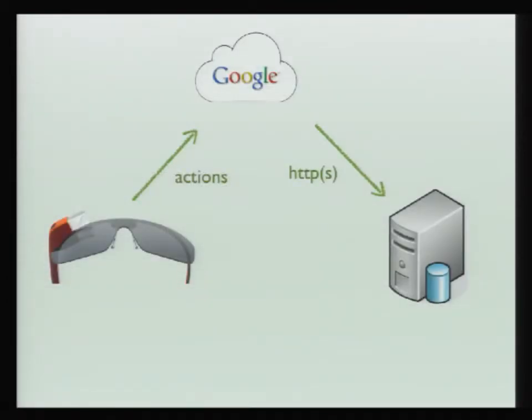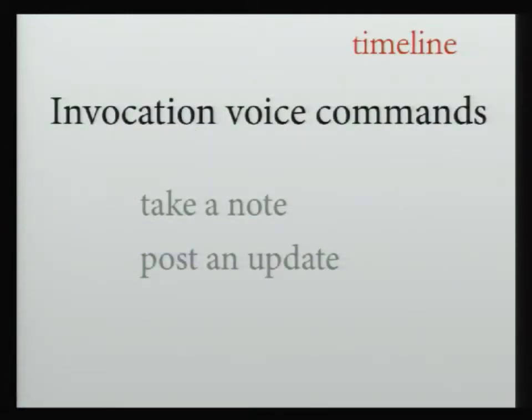And again, all these events come through HTTP. So you will register a URL, like your endpoint, and then Google will say, hey, this user has just said something. That's the idea. These invocation voice commands that appeared this month are right now only two: take a note and post an update.